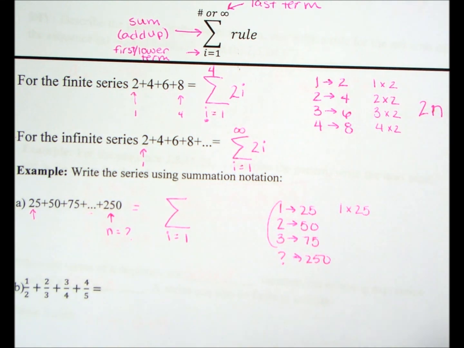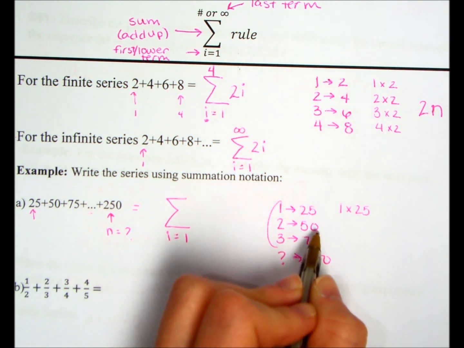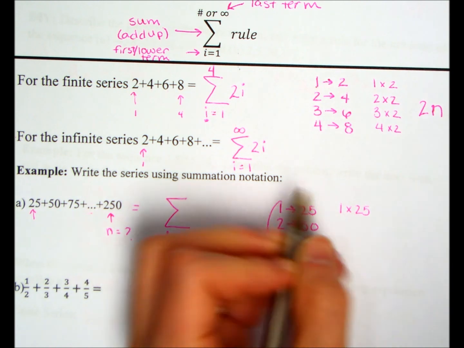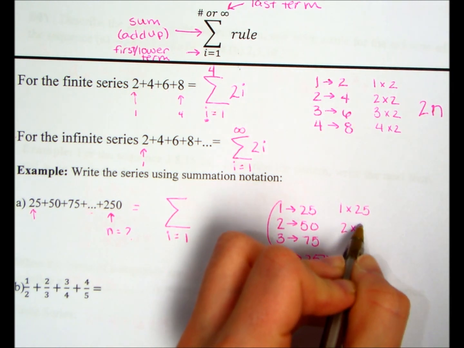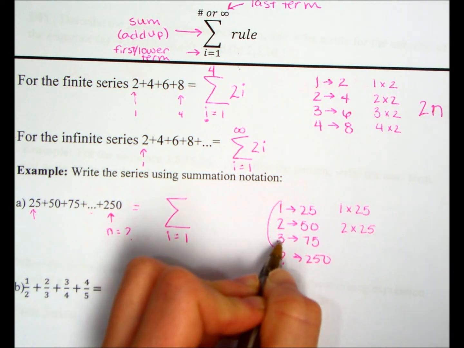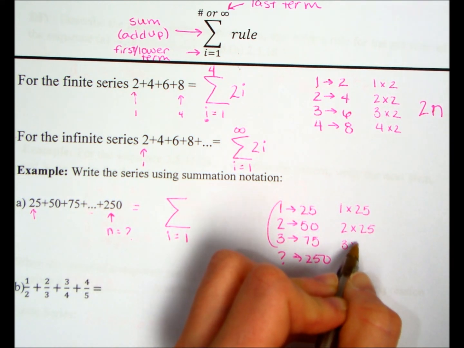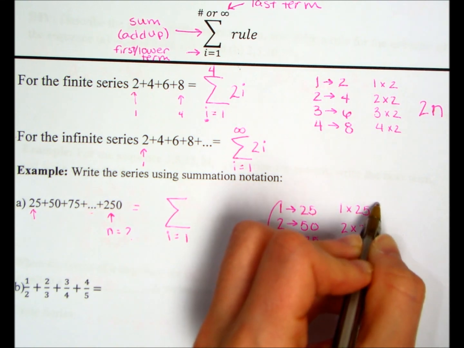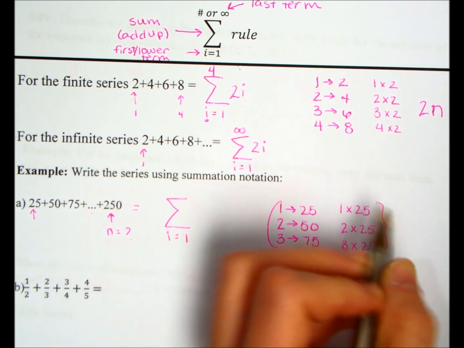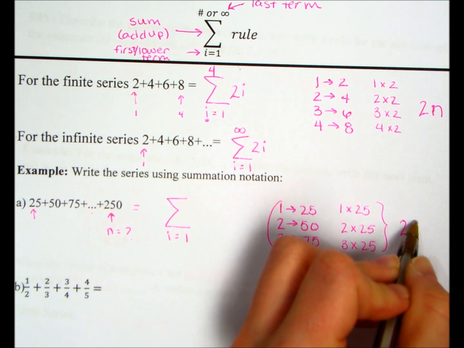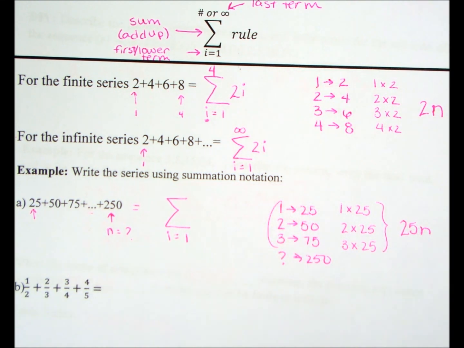That's pretty straightforward. 2 to 50, I can get from 2 to 50 by doing 2 times 25. 3 to 75, I can get that by doing 3 times 25.